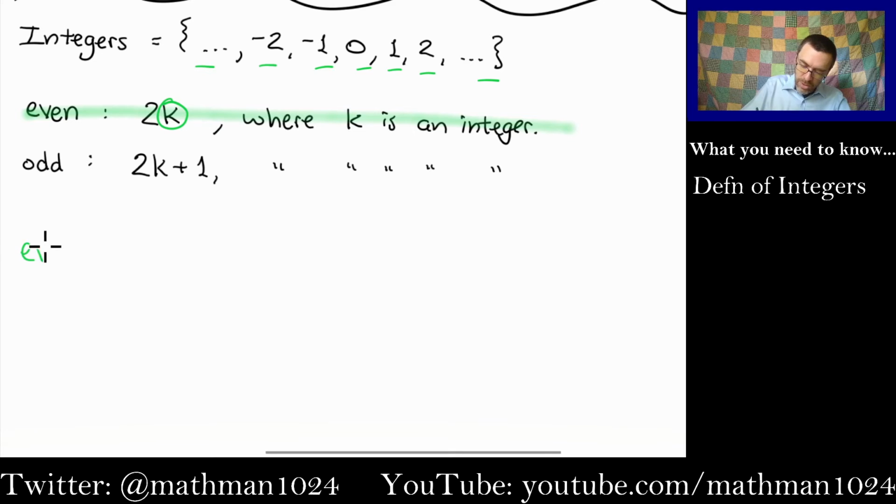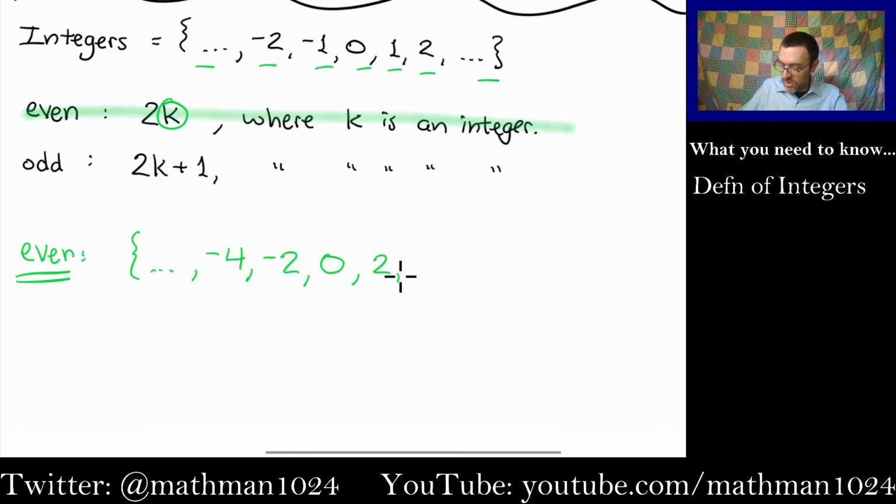So for your even numbers, if I were to multiply this times 2, you would have, let's see, 2 times -2 is -4. 2 times -1 would be -2. 2 times 0 is 0. 2 times 1 is 2, and then 4, and so on, right? So these would be all of your even numbers.